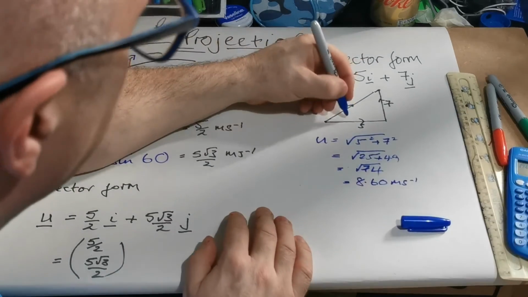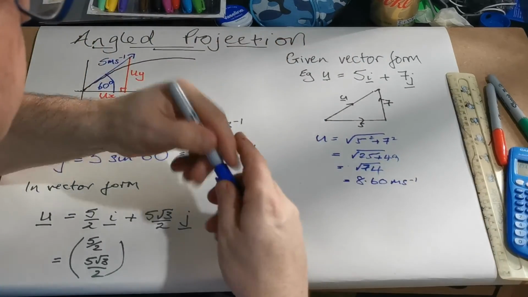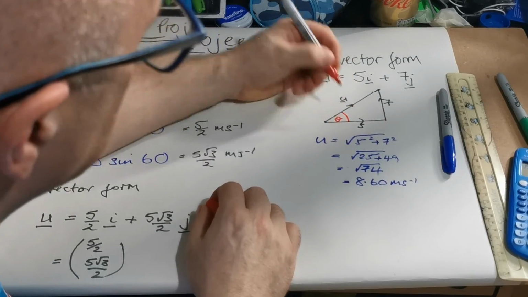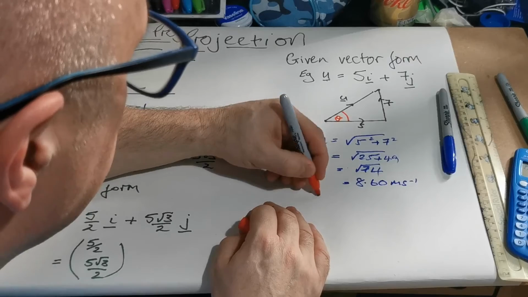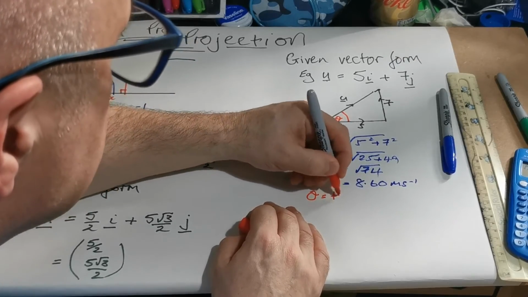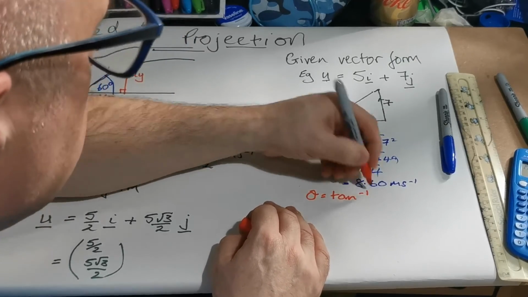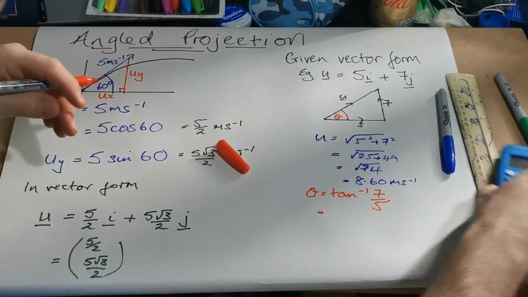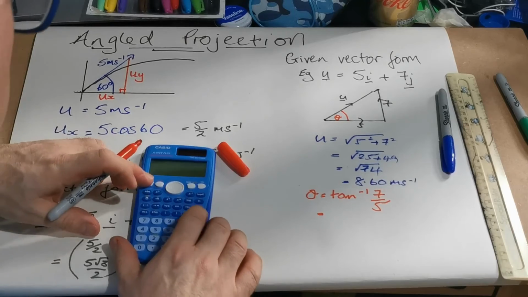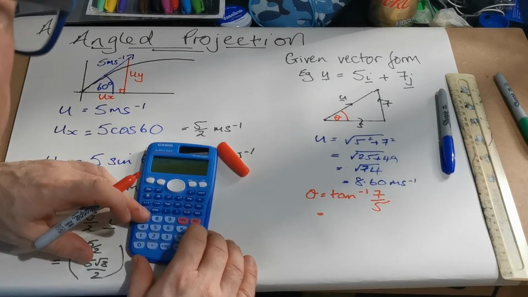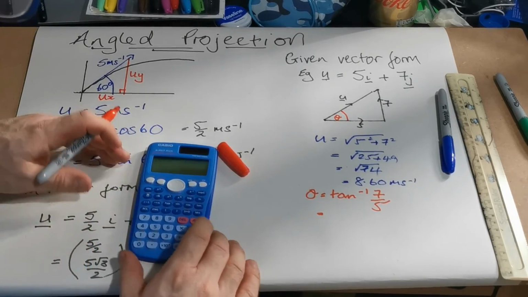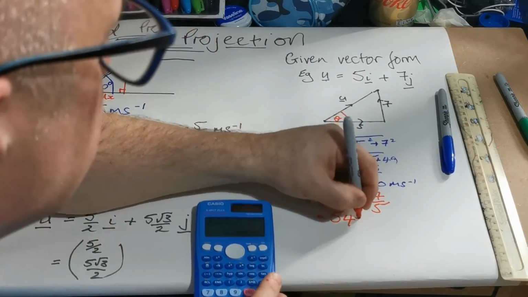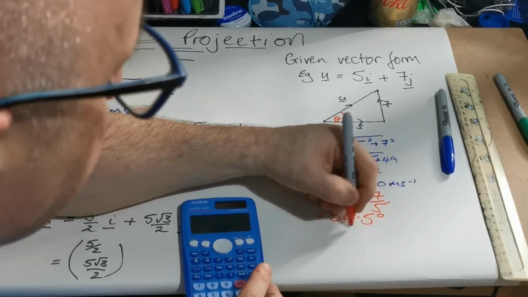And if I put my angle in there, so my angle of projection, theta, so theta would be equal to the inverse tan, the arctan, of 7/5, which would equal 54.5 degrees. And I think we do tend to work with degrees mainly in this.